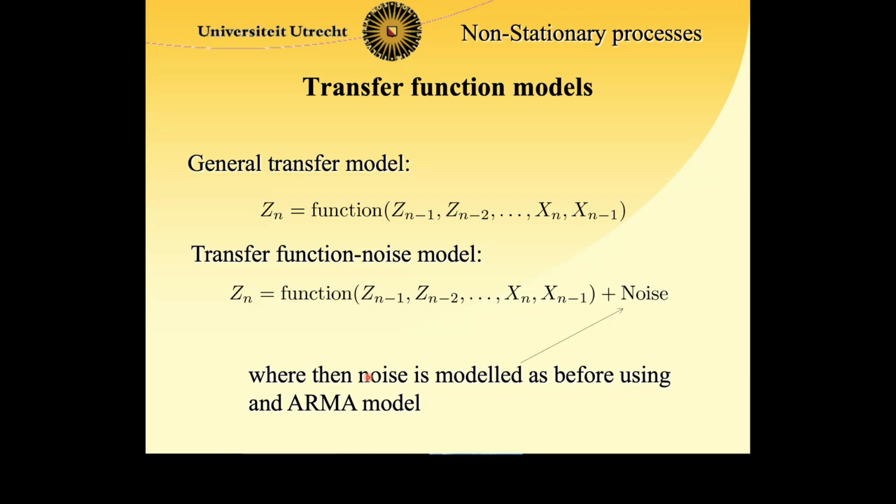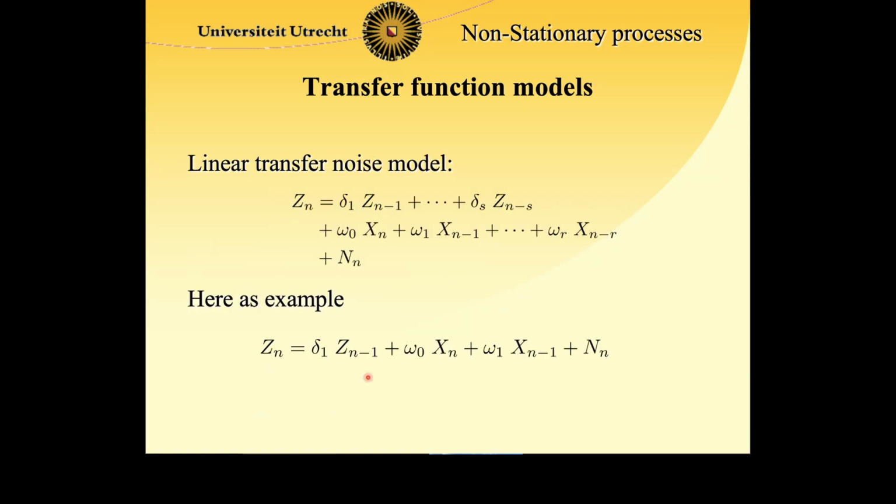So just give me an example of a simple linear transfer function noise model. For the transfer, also in a transfer model, we have autoregressive components, and we have so-called moving average components. But now the moving averages are not noise, but are moving averages of the exogenous variable, as you can see.